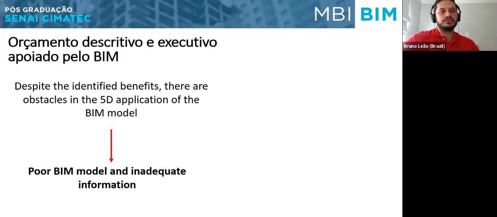The professional develops the model thinking about the representation, and in a change of mind, he or she wants to use it as a BIM 5D model. It won't happen because the information that is needed probably won't be in the model.